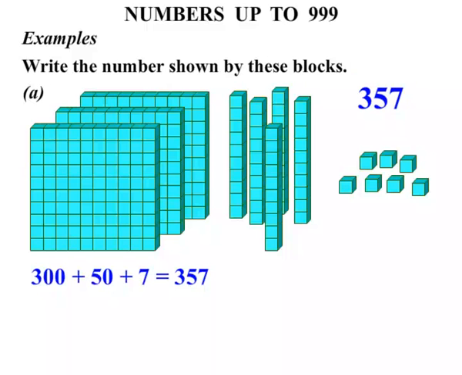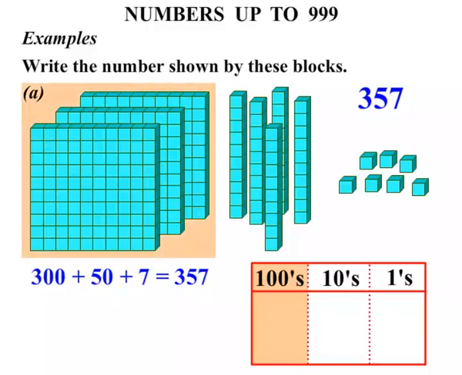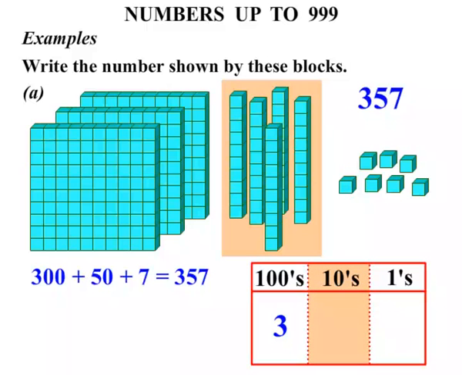We're going to look at it a different way too, using a table with columns. The right-hand column, ones. The next one is tens. The next column is hundreds. Now let's consider the hundreds firstly. There were 3 flats, so we have 3 lots of hundreds. Now the tens were represented by the longs.